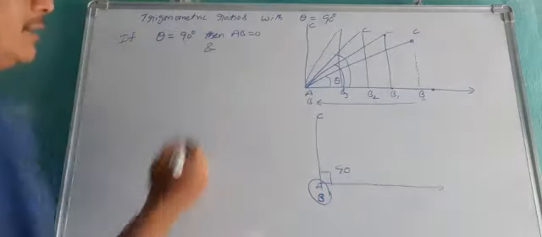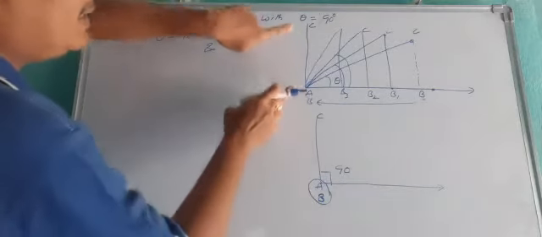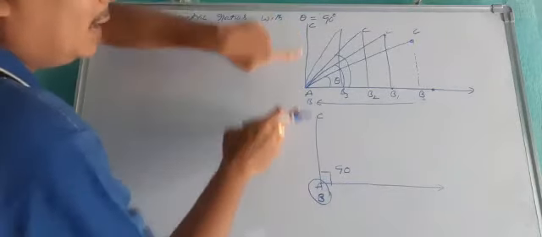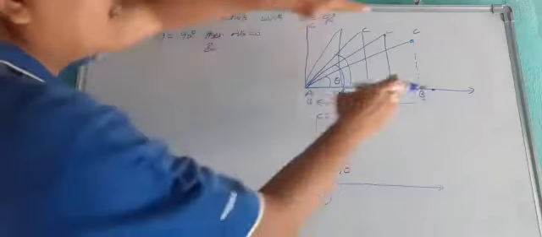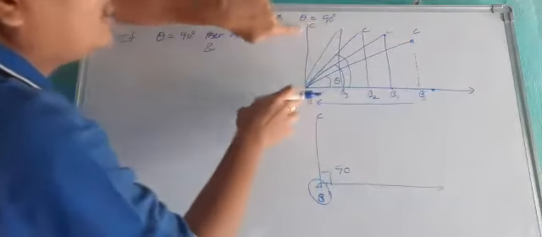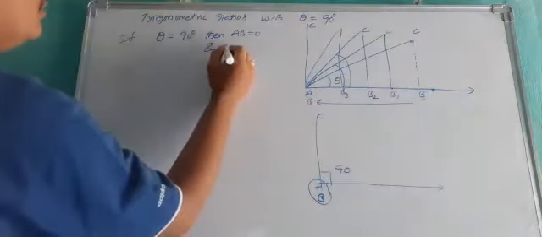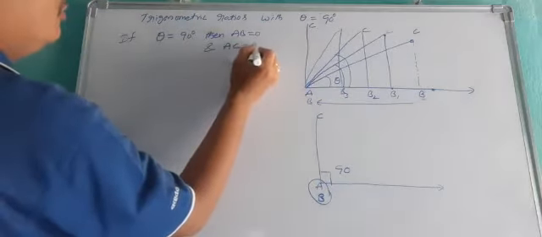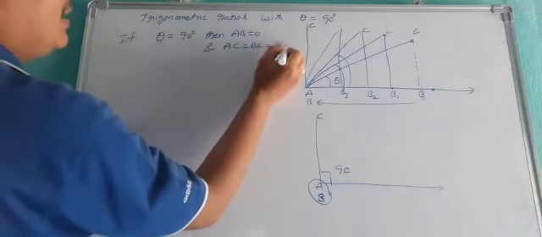And another thing is that here AC equals BC. So this BC coincides with the AC. So AC equals BC, both are equal. Let us take R.